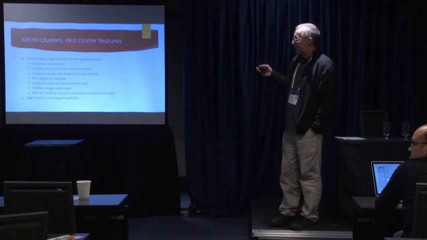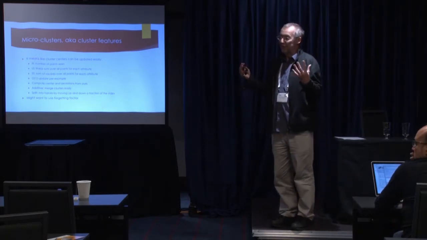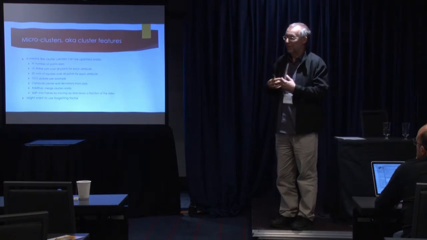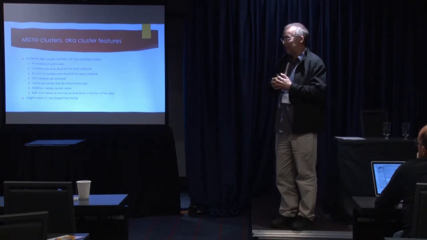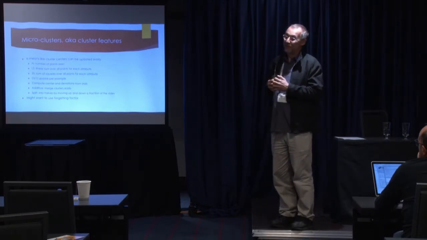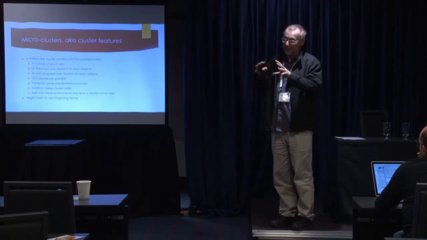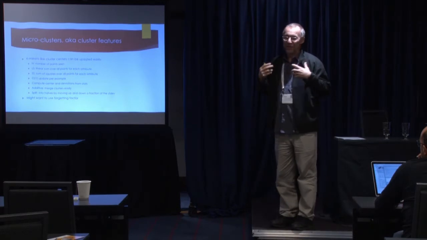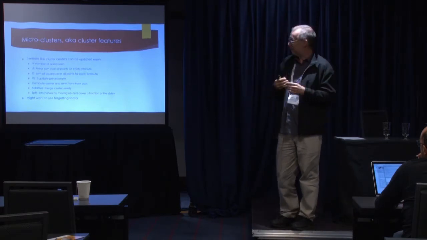And the nice thing is also that because it's completely additive, we can also merge clusters by just computing the sums. And again, splitting is also an interesting option. If data from a cluster drifts apart, at some stage you might want to split it into two clusters.